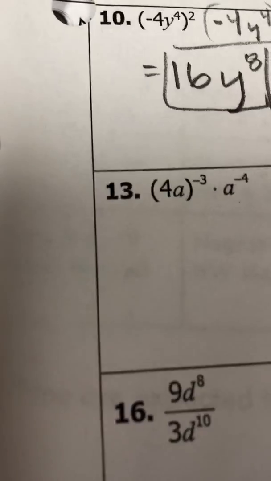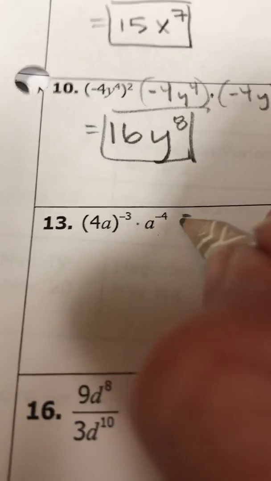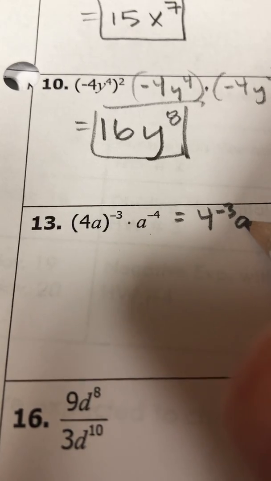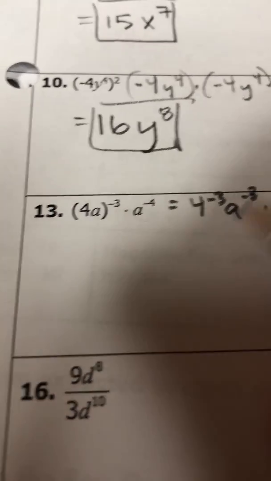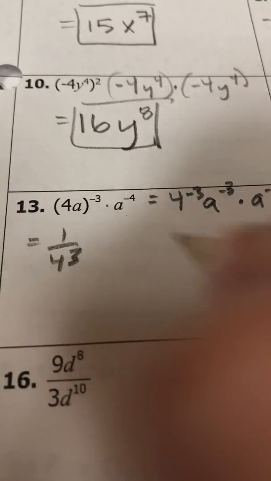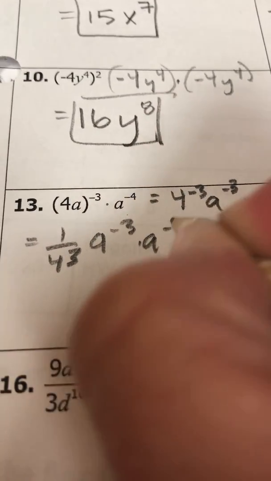See, 13. I have 4, if I rewrite this, to the negative third, and then a to the negative third times a to the negative fourth. Now 4 to the negative third also means 1 over 4 to the third, a to the negative third times a to the negative fourth.